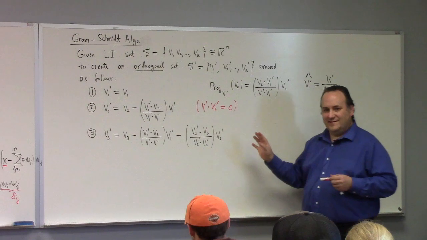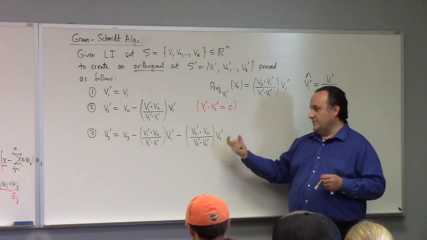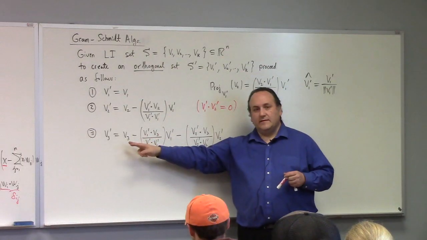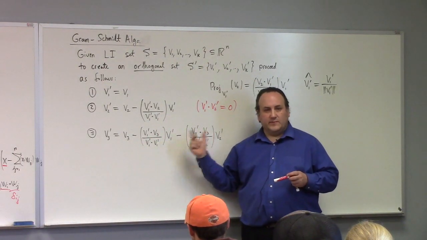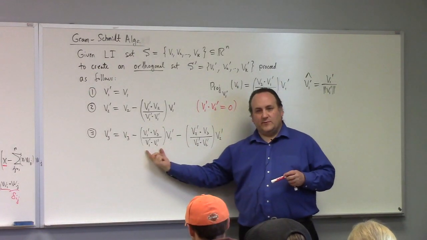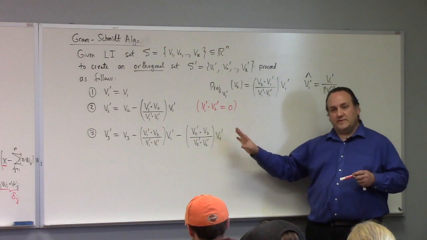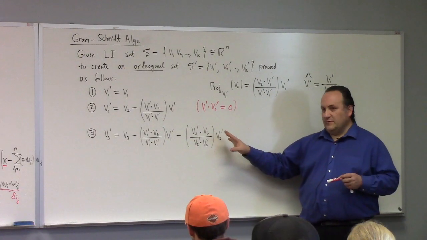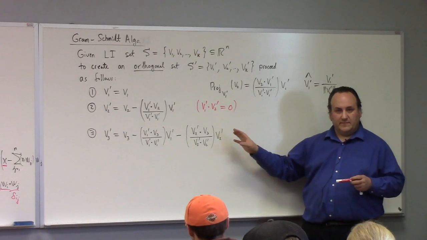So check out what this formula does. Understand the formula. What we're doing is we're subtracting off the projections of V3 into the directions given by V1 prime and V2 prime. We're subtracting off the part of V3 which lies in the V1 prime and V2 prime directions. All we're left with then is the part of V3 which doesn't lie in the direction of V1 prime and V2 prime.